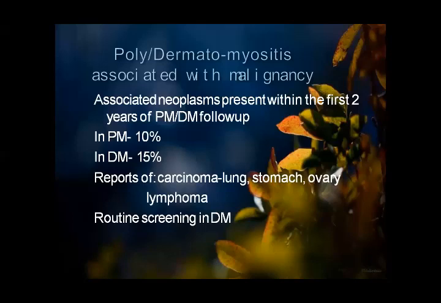And these are the patients who are treated with steroids and maintained at a low dose with adding immunosuppressant or immune modulating drugs. While dermatomyositis is a myositis with cutaneous manifestations like heliotrope rash and other rash around the eyes and over the knuckles, and these are the patients who can have an associated underlying malignancy.